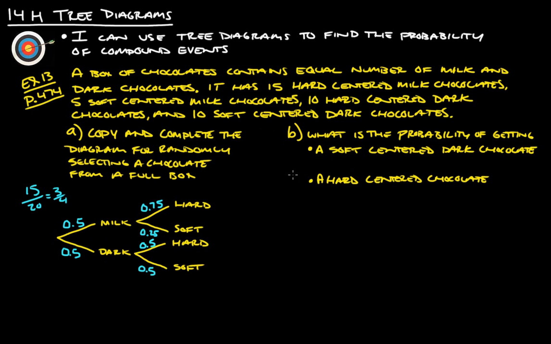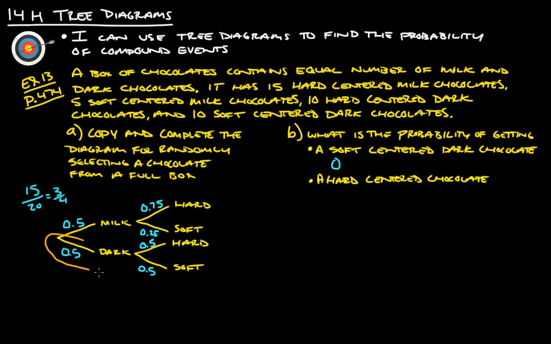That's going to help us figure out part B. What's the probability of getting a soft-centered dark chocolate? It's this one here. We're just going to take this path here, dark, soft.